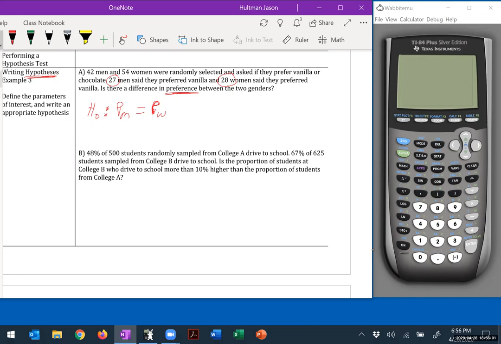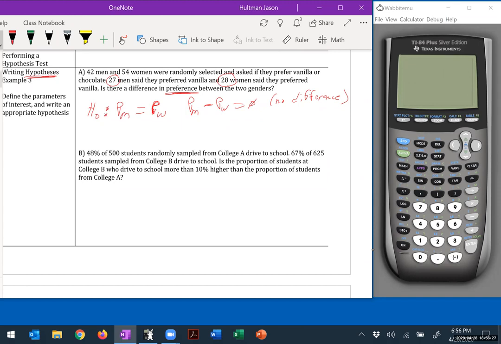We could also write this as P men minus P women equal to 0, meaning that there's no difference in the genders. That's what would be my null hypothesis. My null hypothesis would say that there's no difference.